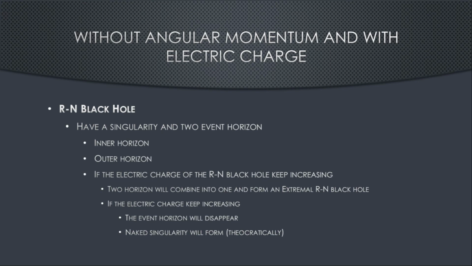And if the electric charge keeps increasing, finally the event horizon will disappear, and theoretically a naked singularity will form. But this naked singularity has not been observed and is only in theory.